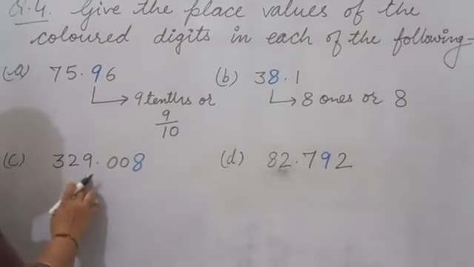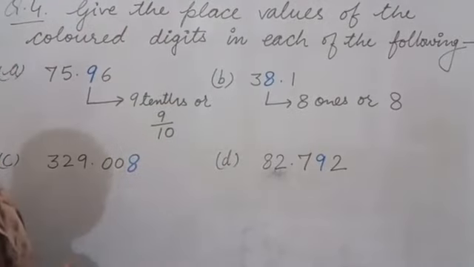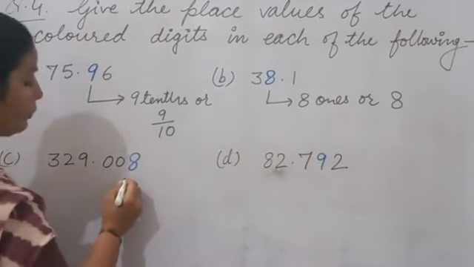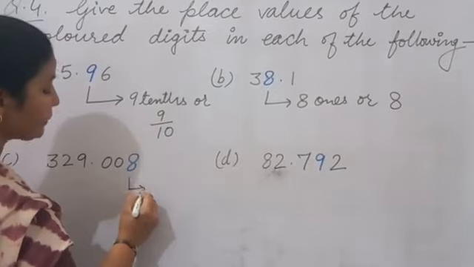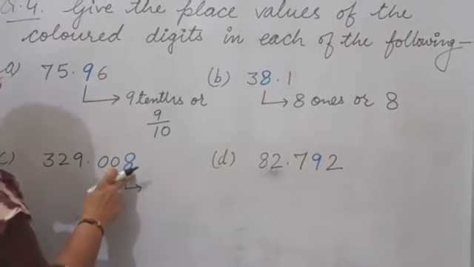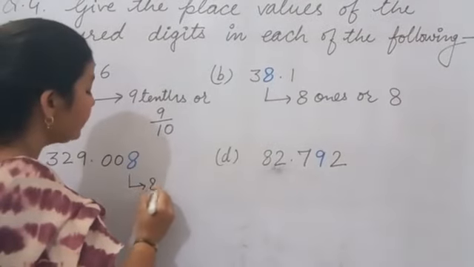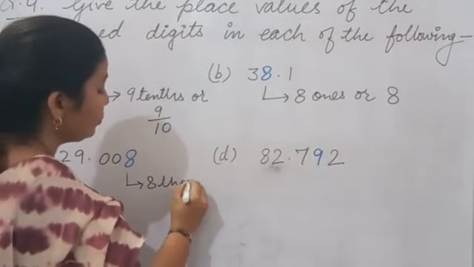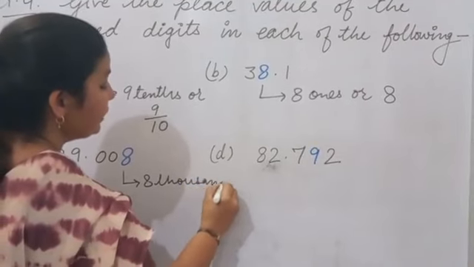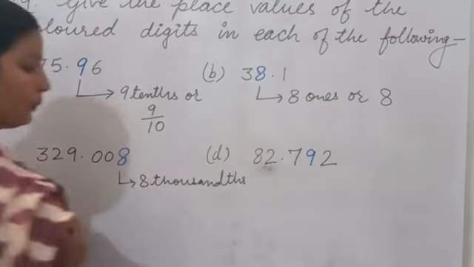Now it's C part. There is 329.008. 8 is colored here. So how we will write? 8 is on which place? Firstly we count the place. This is tenths, this is hundredths and this is thousandths. Okay. So we write here 8 thousandths.